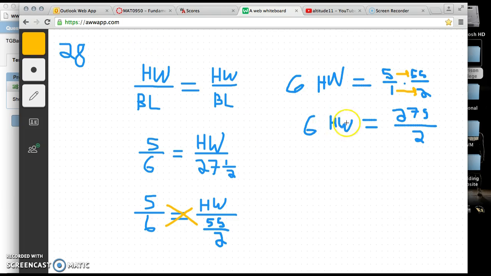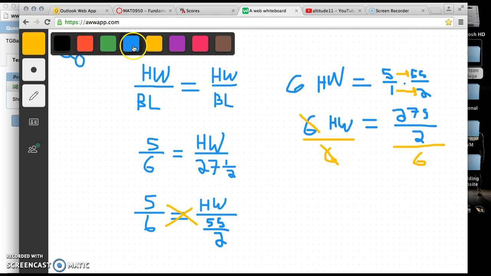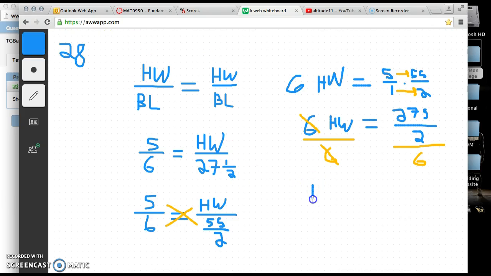So the reason that HW is not currently by itself is that it's connected to this 6 through multiplication. So we undo that multiplication with division. We'll have to do the same thing to the other side, right? Whatever you do to one side, you have to do to the other. So this multiplication by 6 cancels out with this division by 6. And now we have that our variable, height at the withers, is equal to 275 all over 2.